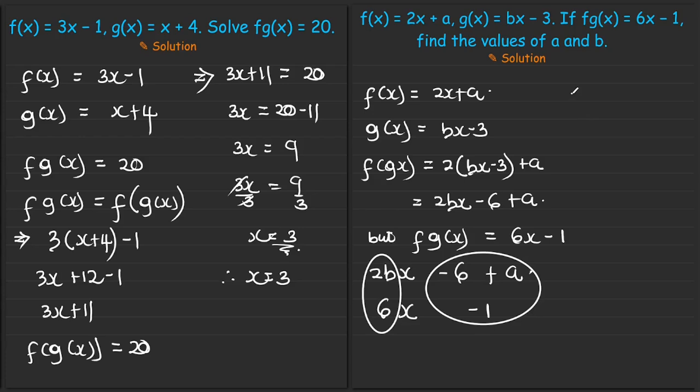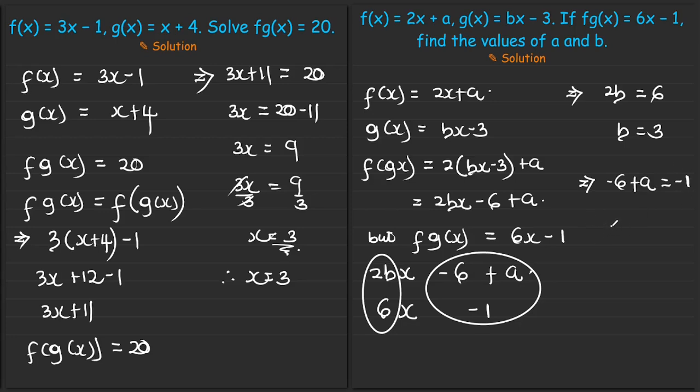You see, this implies that 2b is equal to 6, and making b the subject, our b is equal to what? 3. This, on the other hand, we can say it implies that negative 6 plus a is equal to negative 1.